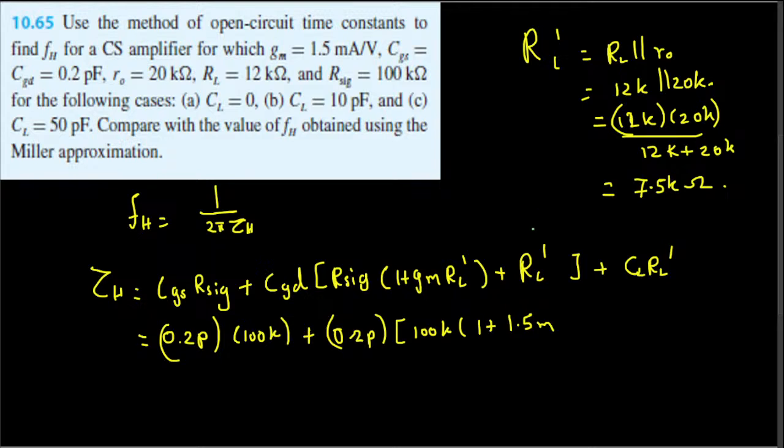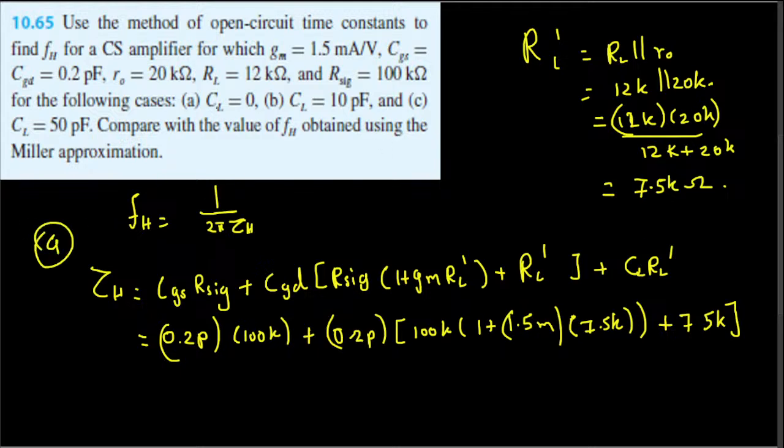Once we have this one, we can plug it in here. So we have RL prime available, that is 7.5k right here, and then close this bracket, and after that we have plus RL prime, that is 7.5k again, and then close this. In this case, CL for the first case is 0. I'm doing the A part of this.